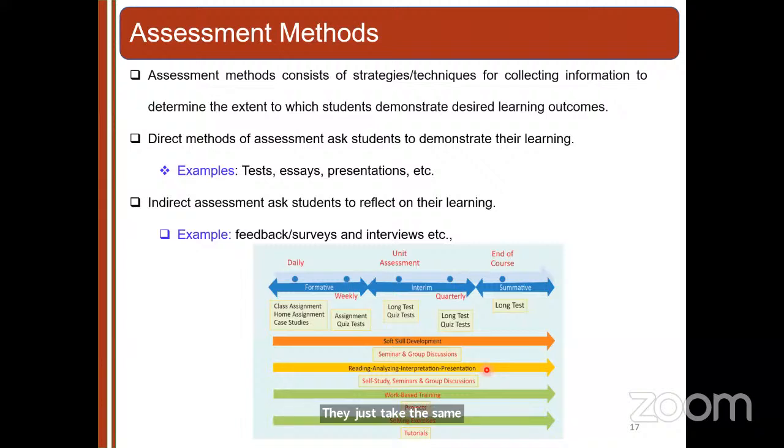They just take the same kind of questions that pop up in the weekly test or the unit test, etc. But this is a very right opportunity for us to collect information from the student on their development of other skills.